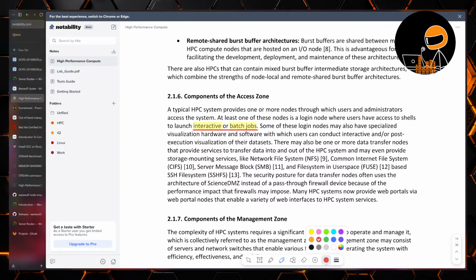Some of these login nodes may also have specialized visualization hardware and software with which users can conduct interactive and/or post-execution visualization of their data sets.